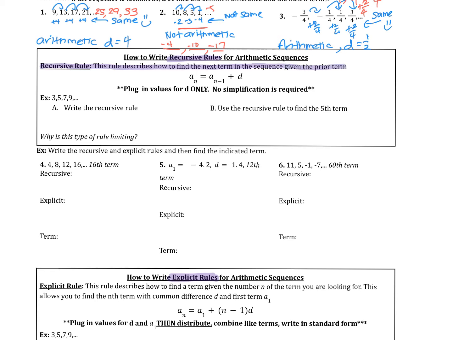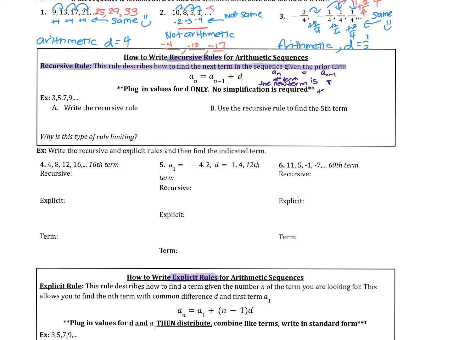So the recursive rule will say, and I'm going to write in words what is being said here in math notation, a sub n means the new term, or the nth term, is equal to a sub n minus 1.